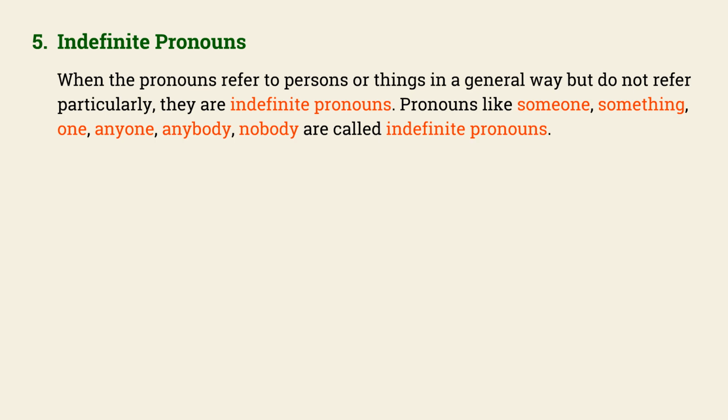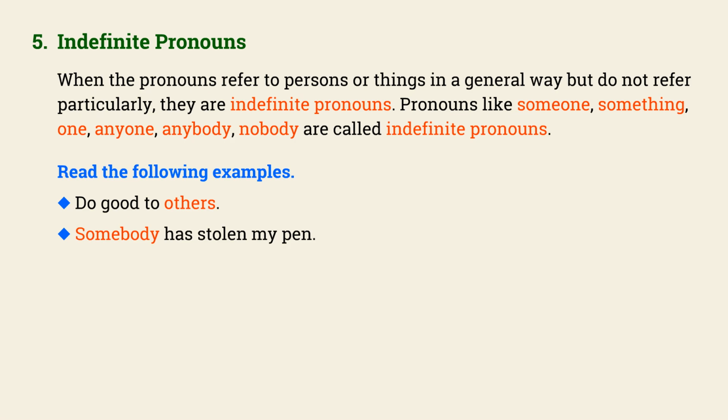Indefinite pronouns. When the pronouns refer to persons or things in a general way but do not refer particularly, they are indefinite pronouns. Pronouns like someone, something, one, anyone, anybody, nobody are called indefinite pronouns. Read the following examples. Do good to others.